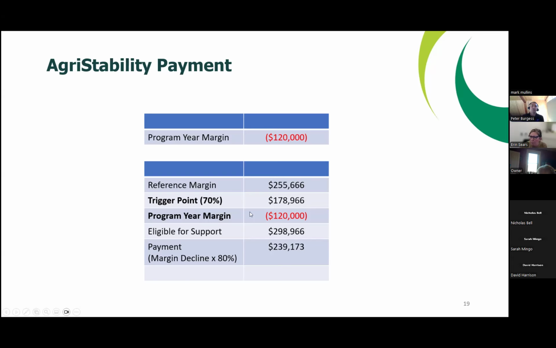When they look at your program year margin of negative 120, your eligible support would be around 298,000. And again, they look at 80% of that. So in this scenario, you could be looking at a payment of 289,173. Again, this is a very basic example, and it's very extreme too, just to show you the ins and outs of how some of that calculation is done.